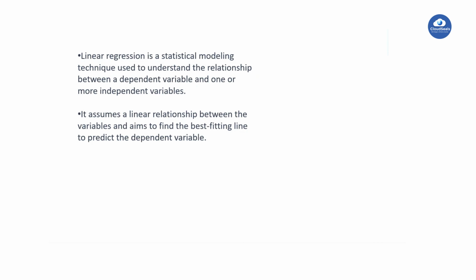For example, if we want to fit the best linear regression line on the training data set against the dependent variable, it assumes there is some linearly positive or negative, whatever it may be, relationship between the independent variable and the dependent variable.